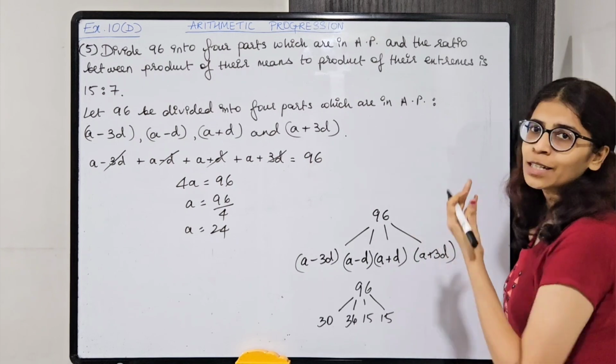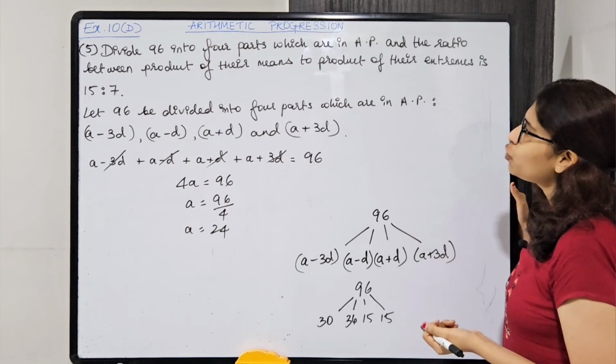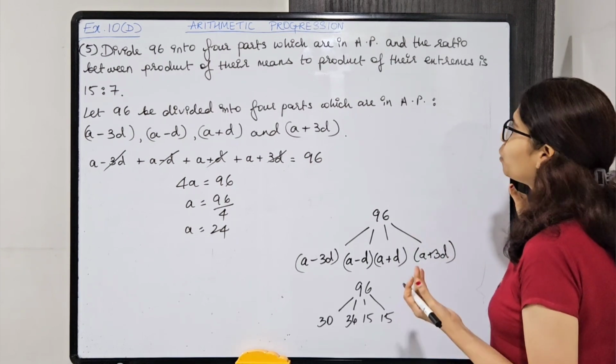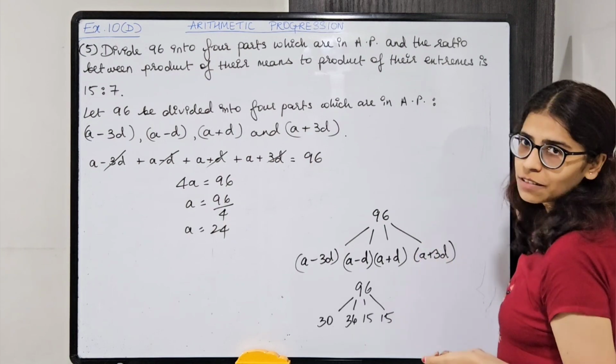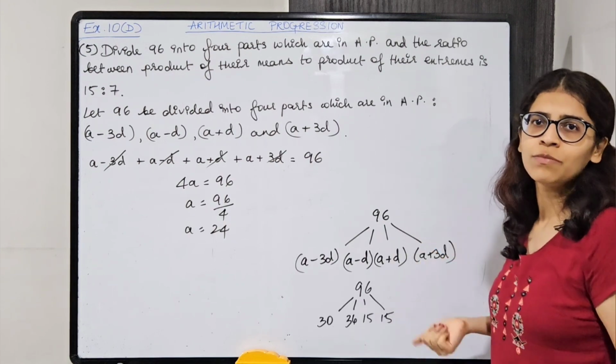For that, one condition is given to us. The ratio between product of their means to product of their extremes is 15:7. Means क्या है और extremes क्या है?